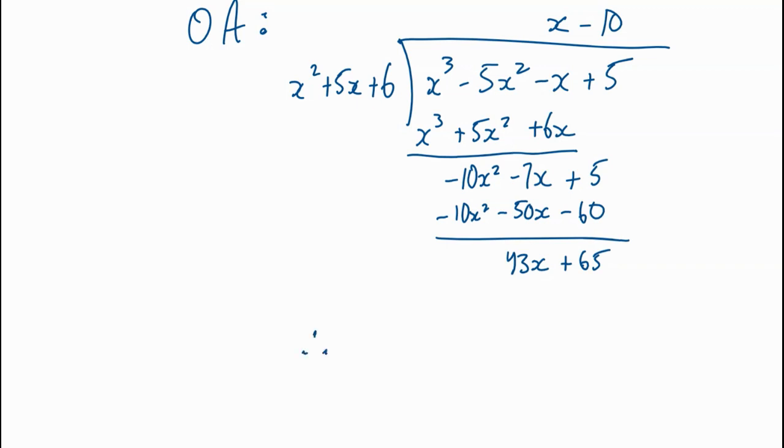Therefore, y equals x minus 10 plus the remainder over the divisor.